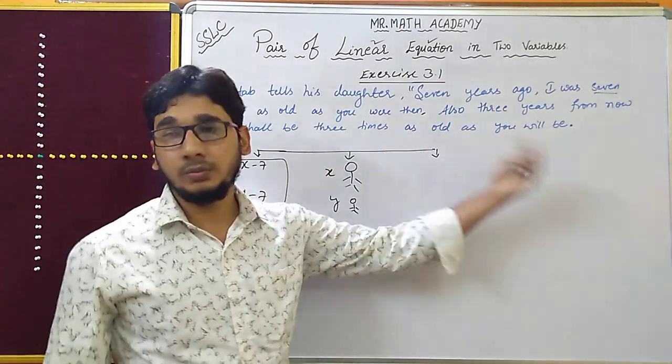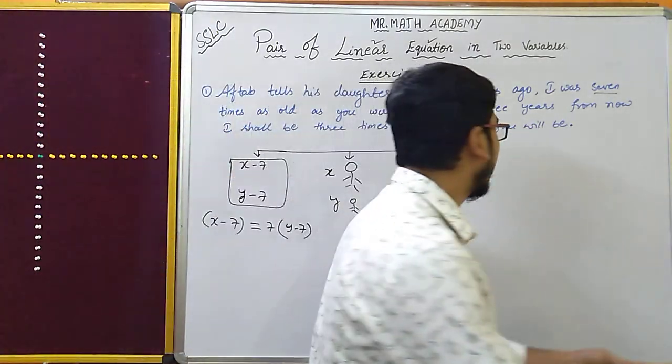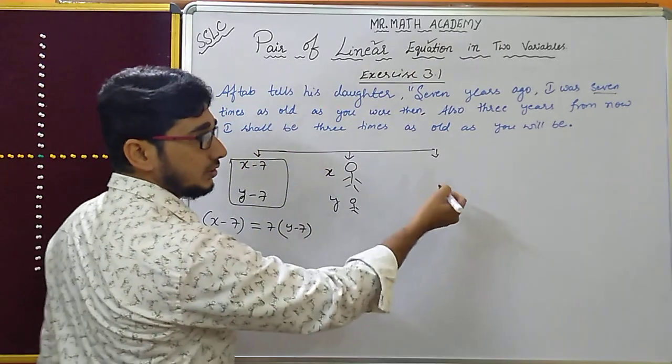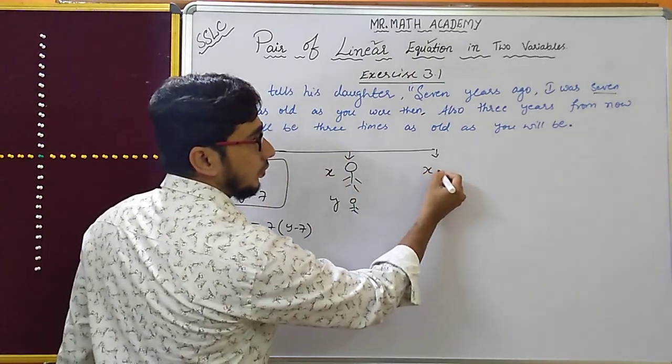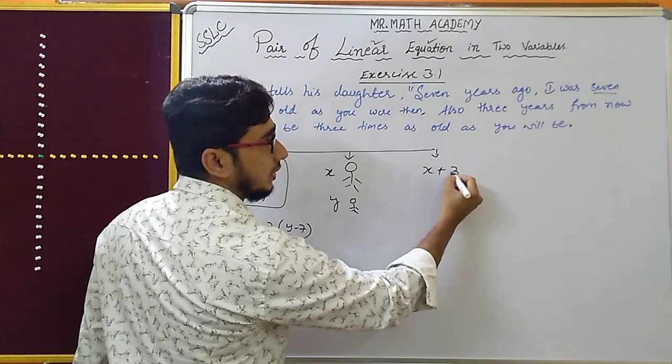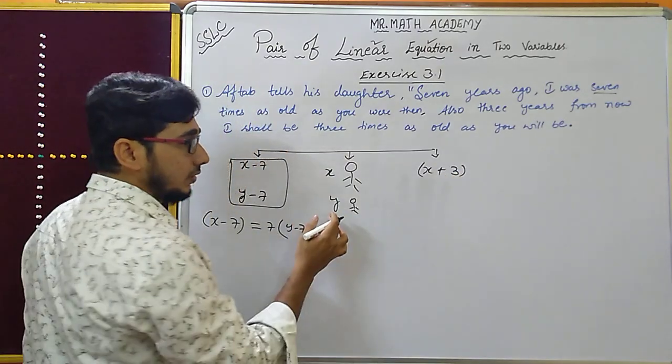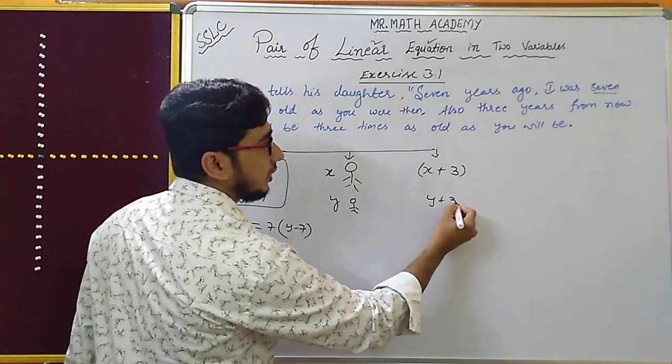Also 3 years from now, 3 years, 1, 2, 3, what will happen? 3 years from now, this is X. For the father also, 3 years more, and obviously for the daughter also, definitely 3 years more.